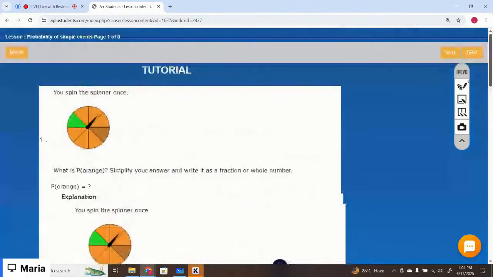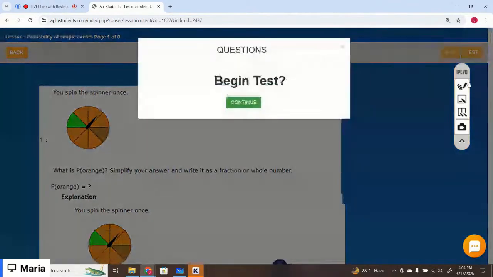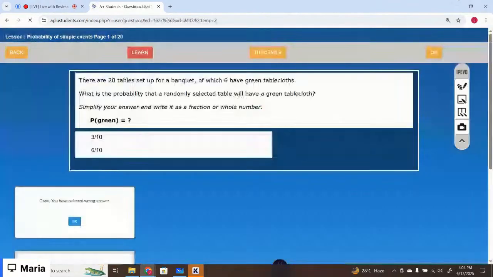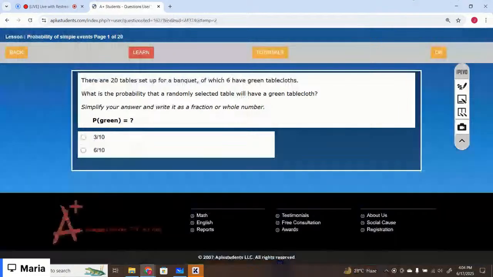Let's just start with the test questions. There are 20 tablets set up for a pen, of which 6 have green tablet clips. What is the probability that a randomly selected tablet will have a green tablet clip?